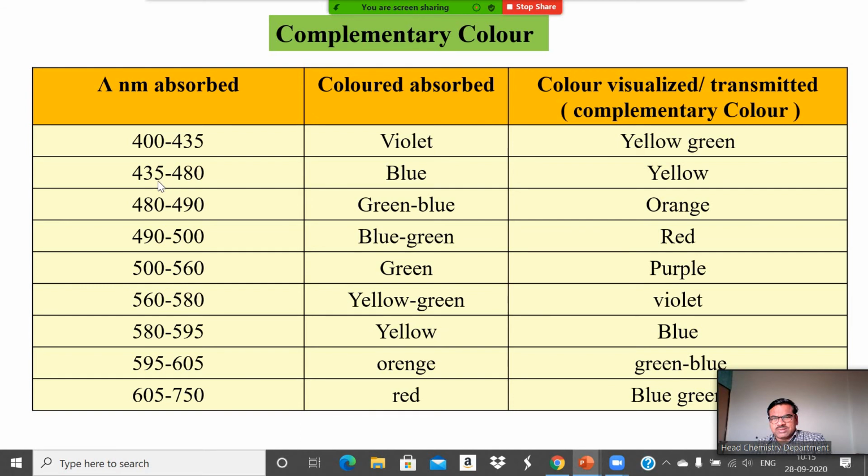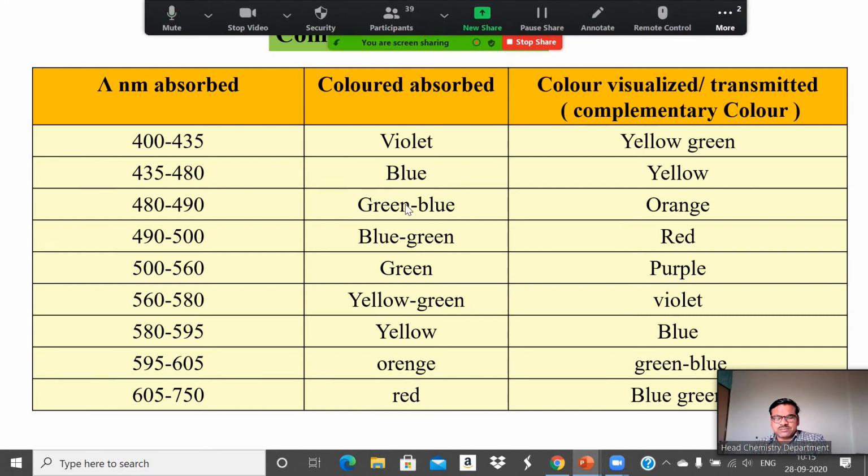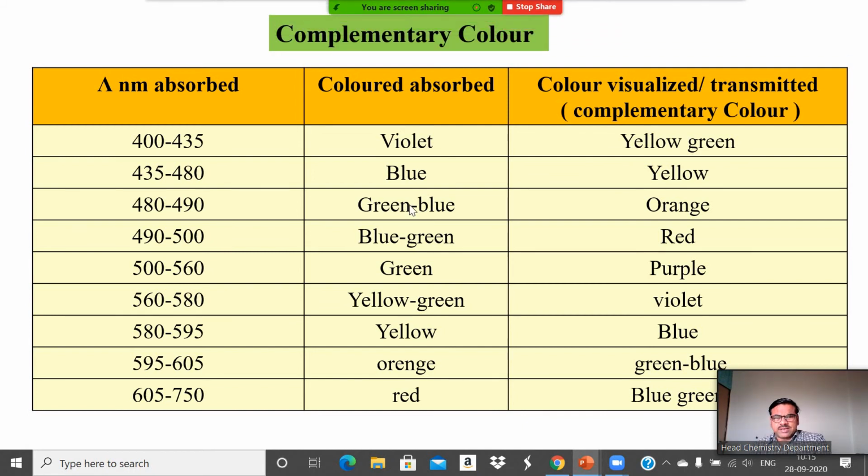When we have 435 to 480, blue color absorbed, its complementary color is yellow. When 480 to 490 wavelength is absorbed by that particular object, it means green or blue color is absorbed, its complementary color is orange. 490 to 500, blue color is absorbed, ultimately red color appears.